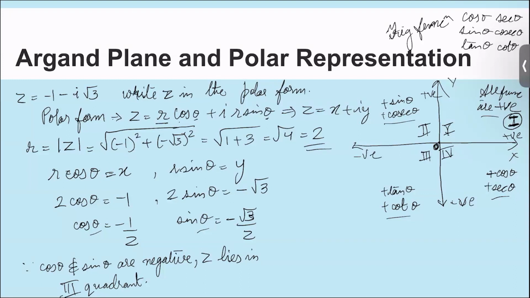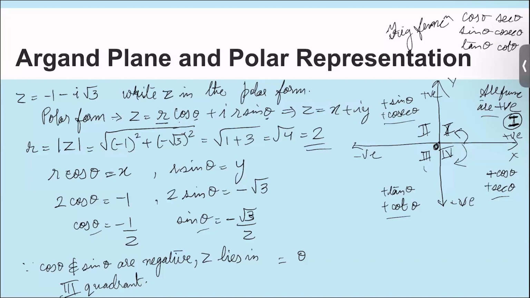As we were saying, in the first two quadrants you measure the angle from the real axis towards the negative real axis in the anti-clockwise direction, and for the fourth and the third quadrants you measure it in the opposite direction. Since it is in the third quadrant, we can get theta.